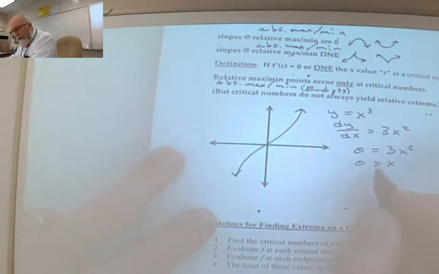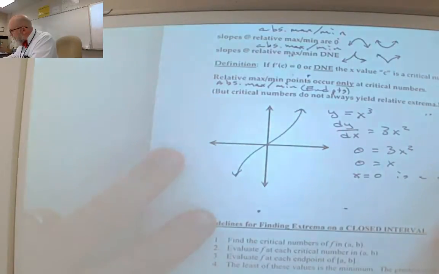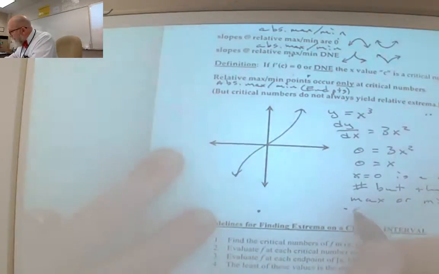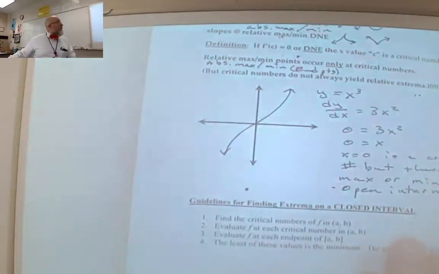So x equals 0 is a critical number, but there is no max or min on this open interval because it's going on forever, correct?